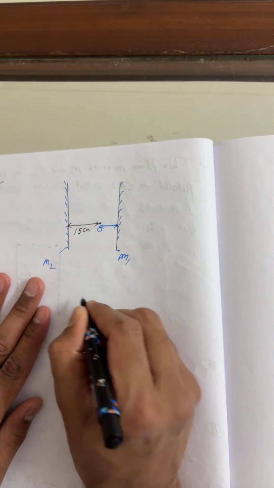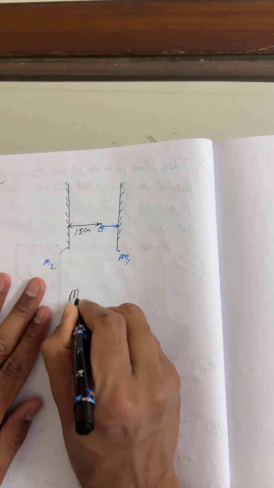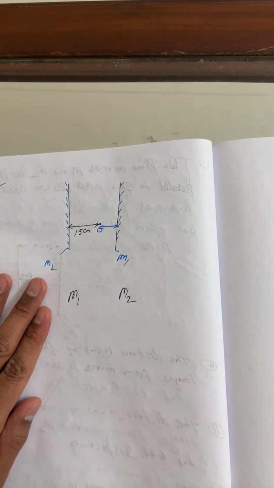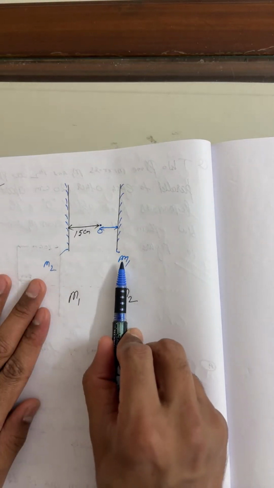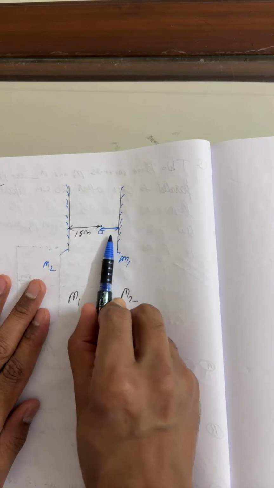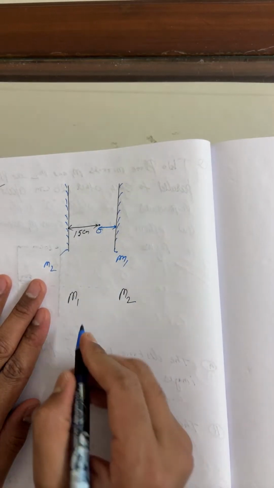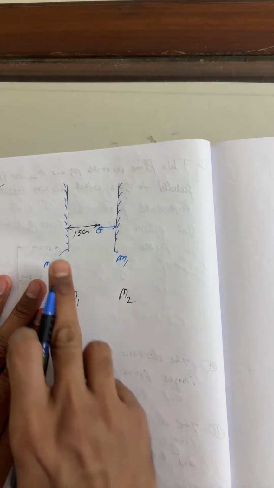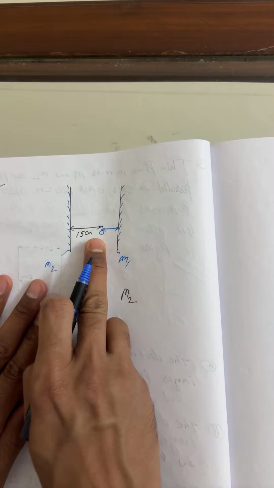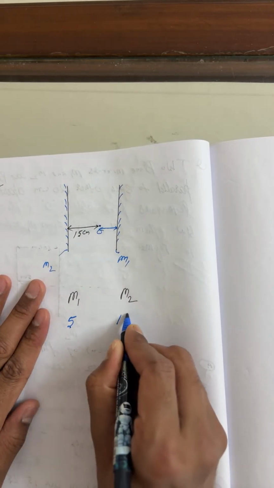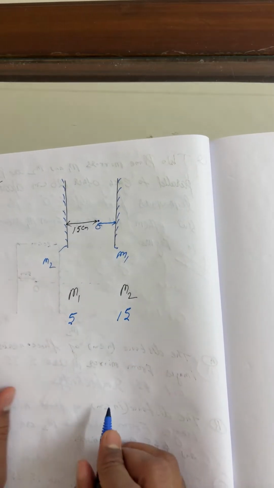This is the M1 mirror and this is the M2 mirror. With respect to M1, the distance of the object is 5 centimeter, so the image forms 5 centimeter behind it, first one. M2 is 15 centimeter from the object, so the image formation is 15 centimeter.